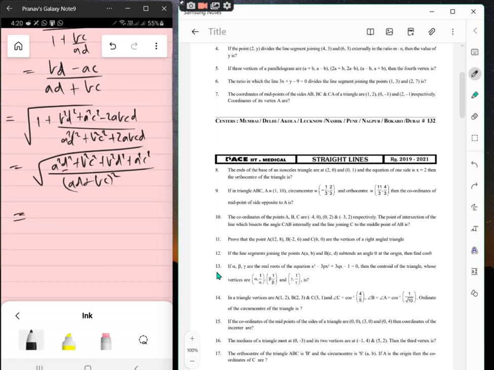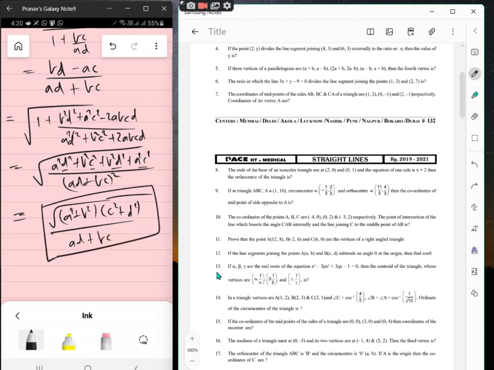So d square is common, and that will be a square plus b square, and here c square is common, that's also a square plus b square. That's really nice. So it's just square root of a square plus b square. And then what's the remaining stuff? It should be c square plus d square by symmetry, right? But it is, of course. We don't even need symmetry for that. And denominator is just ad plus bc. So this is it. This is the answer.